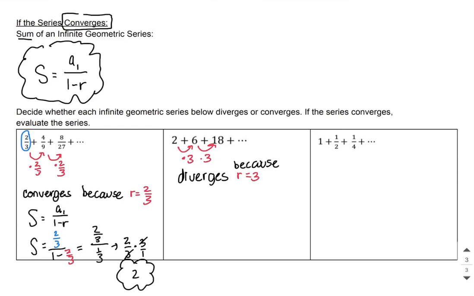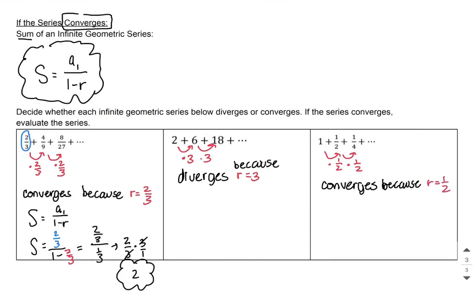For the last example, as I go from term to term, I'm multiplying by 1/2. So I know this converges because r is equal to 1/2, which is less than 1.